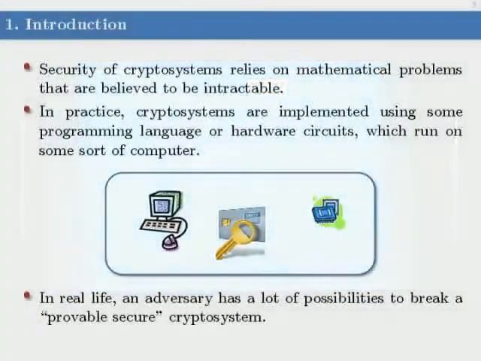First, security of cryptosystems relies on mathematical problems that are believed to be intractable. However, in practice, cryptosystems are implemented using some kind of programming language or maybe hardware circuits which run on some sort of computer. A computer is computing these algorithms.